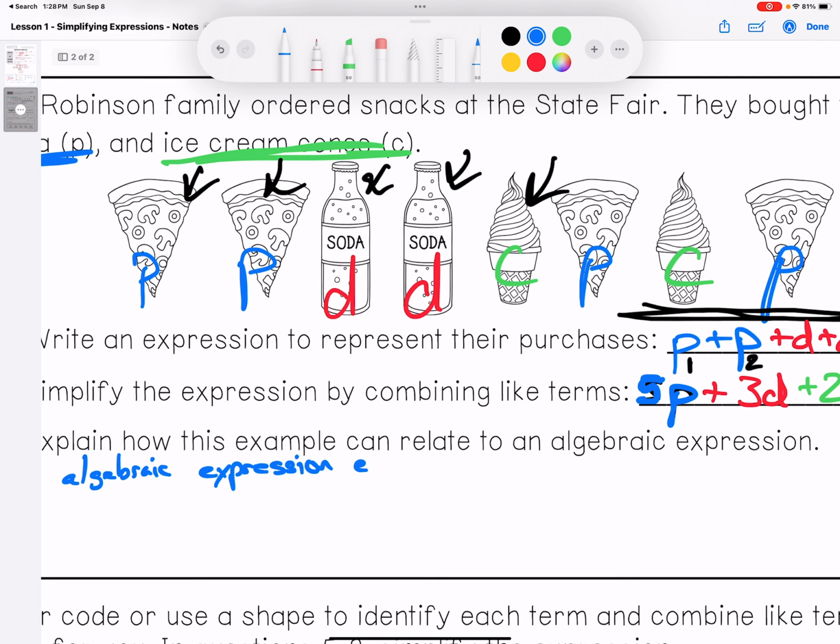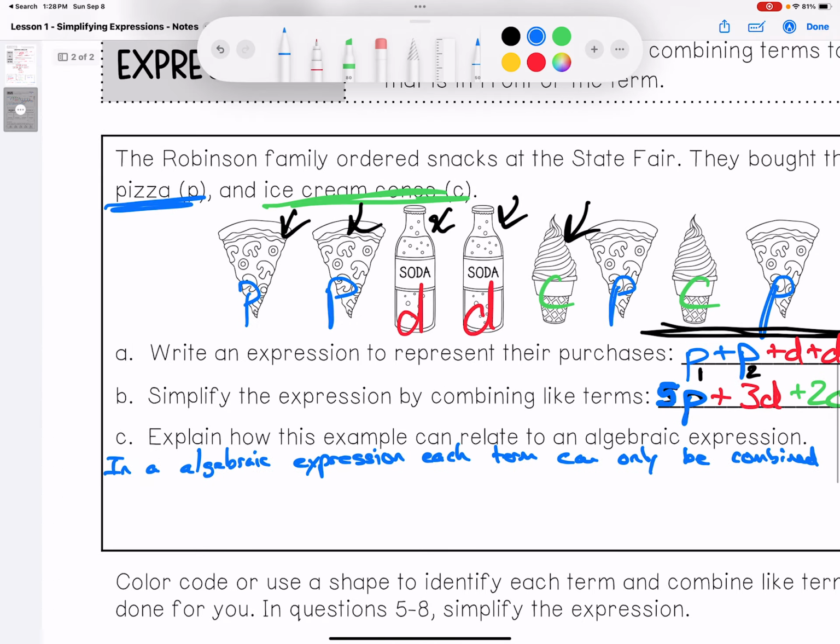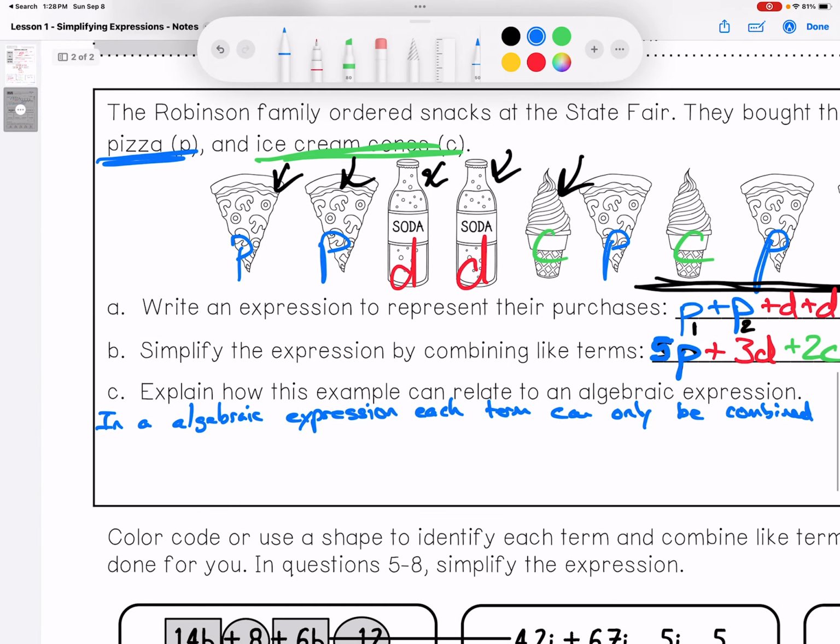Each term, I will zoom out so you can see the whole thing, can only be combined with another term. Whoops. Another like term, my bad.